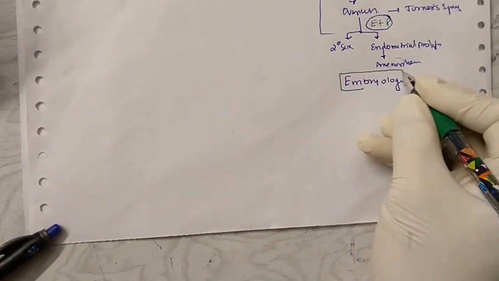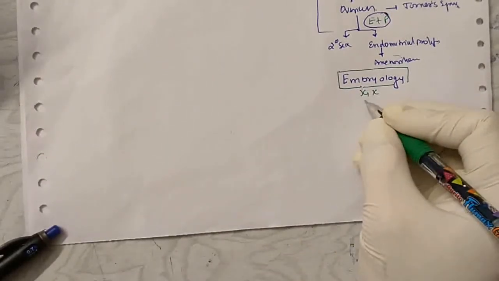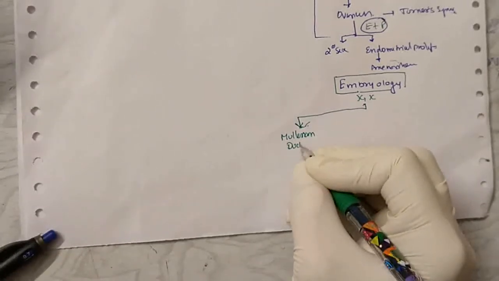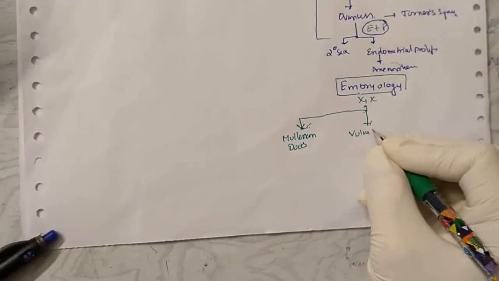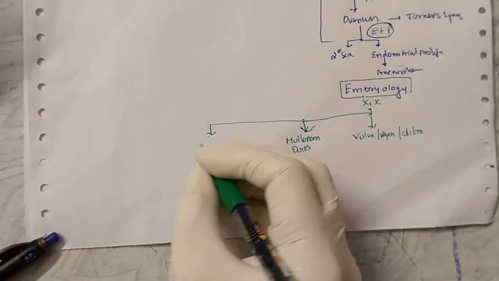So embryology, normally it is XX. Then the pathology may be in the Mullerian ducts, or in the vulva, vagina or clitoris, or in the ovaries.